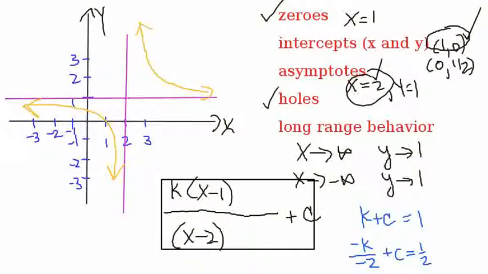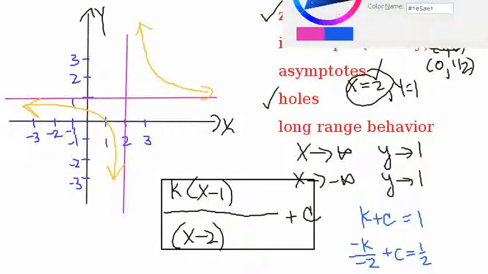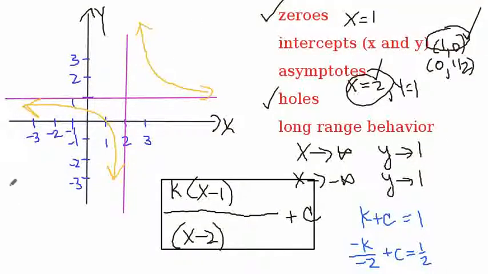So let's go ahead on the left side. I'll go ahead and solve this. So let me copy the k plus c equals 1, and then on the bottom one, let me first get rid of the minuses, and then let me double everything, so that'll give k plus 2c equals 1.